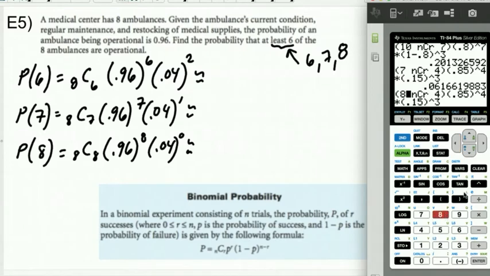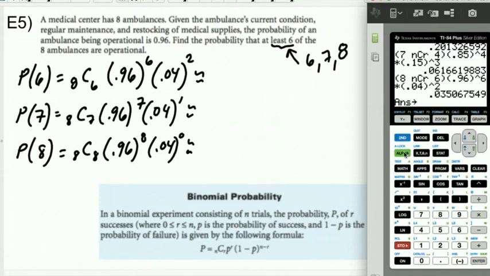So I'm going to do 8 choose 6, and then it's a 0.96 raised to the 6, and a 0.04 raised to the 2nd. All right, so I'm going to go ahead and store this as alpha A, right?